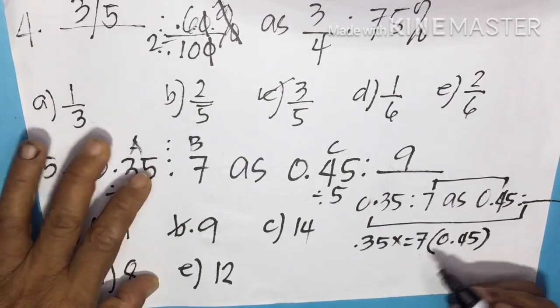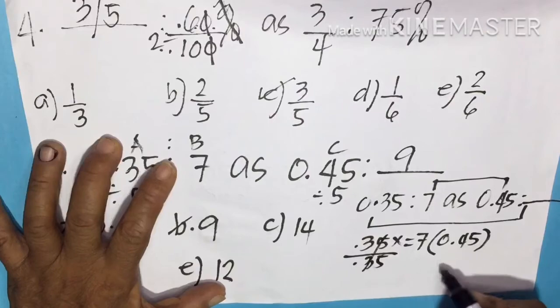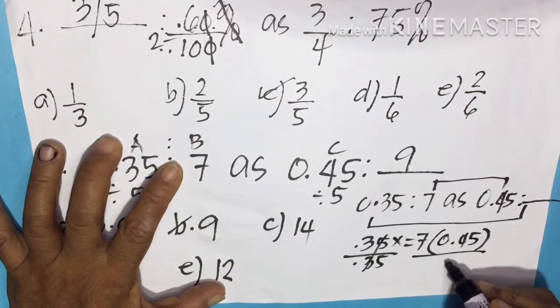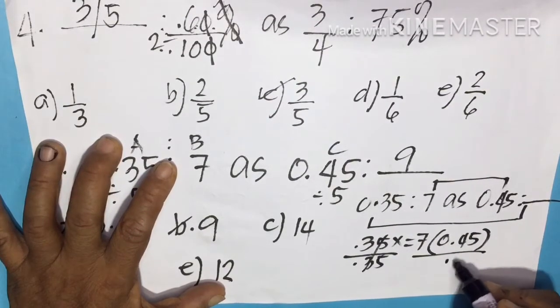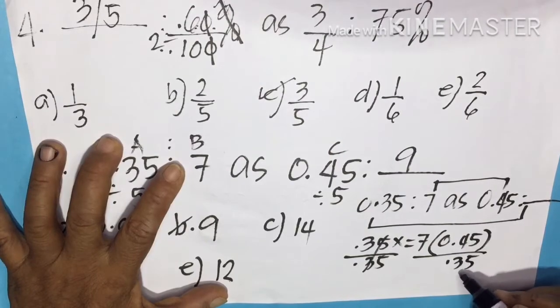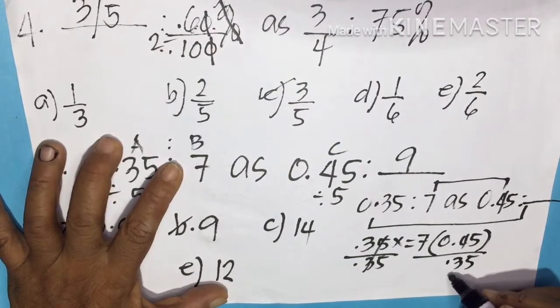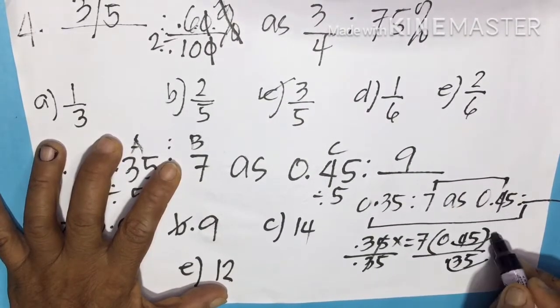To get your x, divide by 35. So cancel, move 35 to the other side. Again, we're going to make a whole number. Your denominator will be a whole number by moving your decimal point twice to the right.